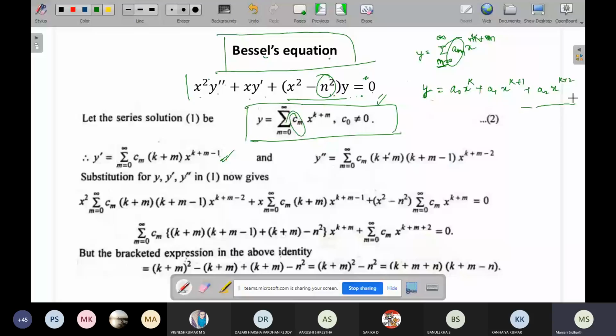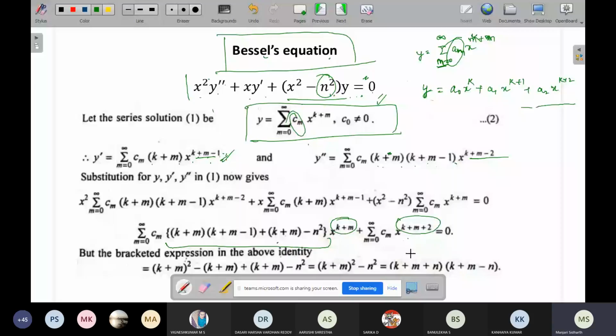If you are using the summation method, the first derivative with respect to x is (k plus m) x power k plus m minus 1. The second derivative is (k plus m)(k plus m minus 1) x power k plus m minus 2. Then substituting these values, they have separated the x power k plus m coefficient and the k plus m plus 2 coefficients.